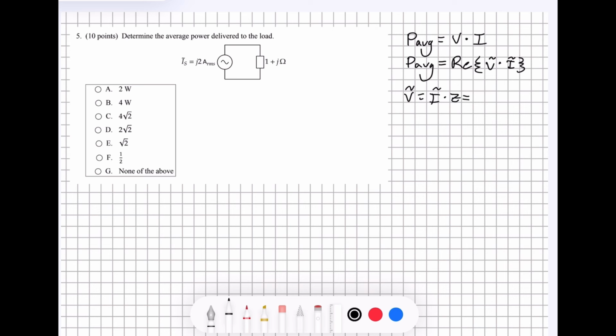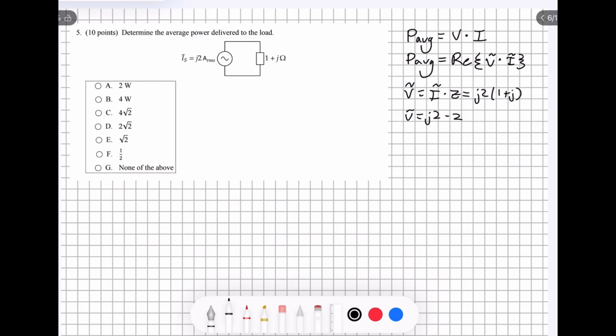And we're going to find that this is equal to J2 multiplied by 1 plus J. That's going to give us a V value of J2 minus 2. And this is going to become negative because these two J values are going to multiply with each other and be equal to negative 1, because J times J is negative 1.